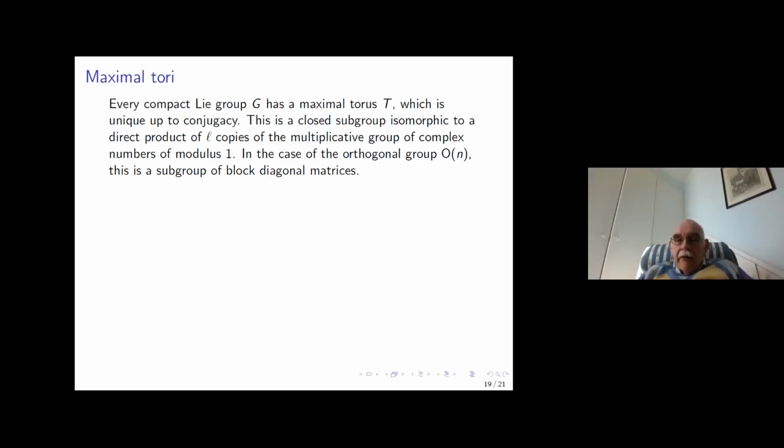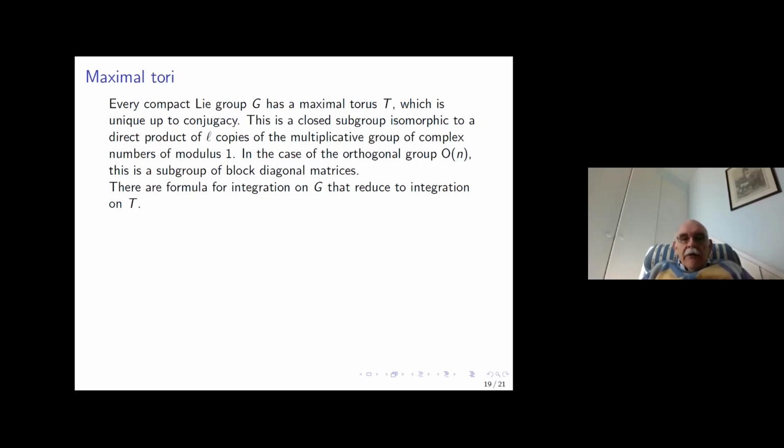If you take two complex numbers of modulus 1 and multiply them together, you get another complex number of modulus 1. Or if you like, it's a group of 2 by 2 matrices with cos theta, sine theta, minus sine theta, and cos theta. In the case of the orthogonal group ON, this is just a suitable subgroup of block diagonal matrices.